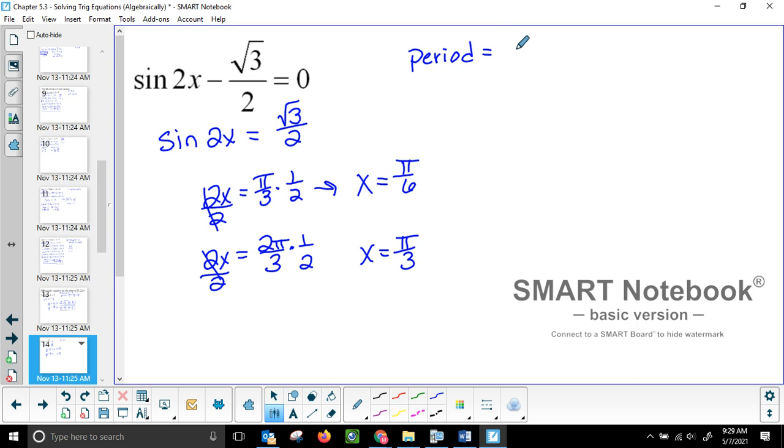So period is 2 pi divided by b, which is 2. So this is just pi. For this one, you can think of it as pi over 6, I'm sorry, 6 pi over 6. For this one, you can think of it as 3 pi over 3.